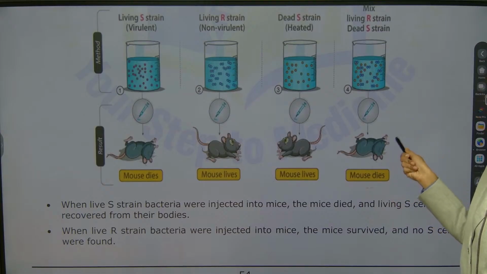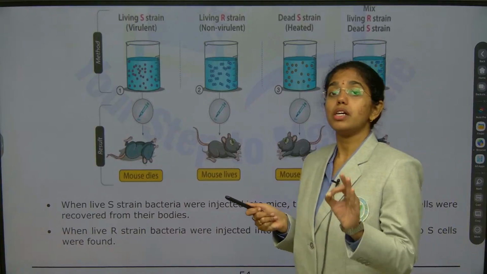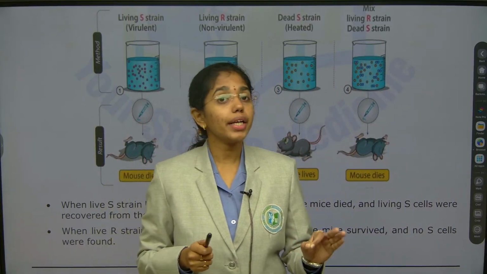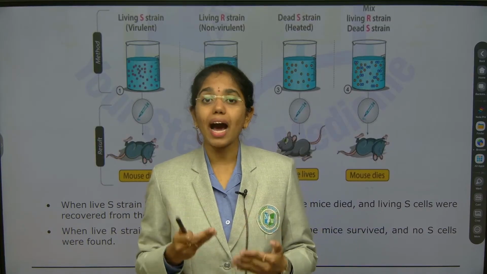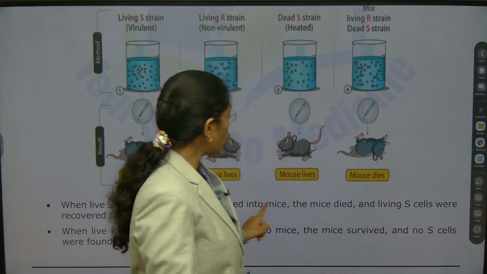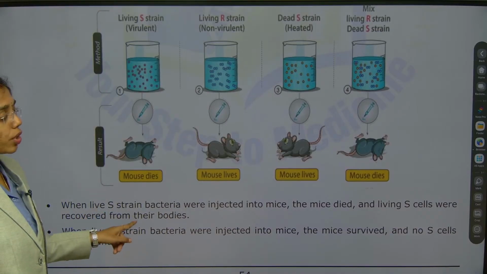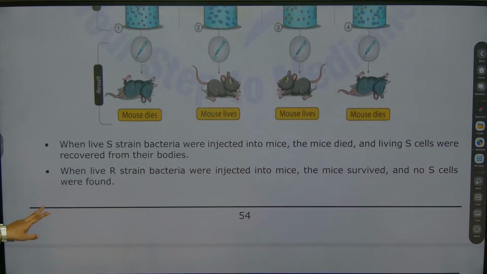This last experiment confirms that some chemical substance is being transferred from the heat killed S strain to the R strain, which is making the R strain virulent and killing the mice. So that is what is proved in the transforming principle by Griffith from the model organism Streptococcus pneumoniae.